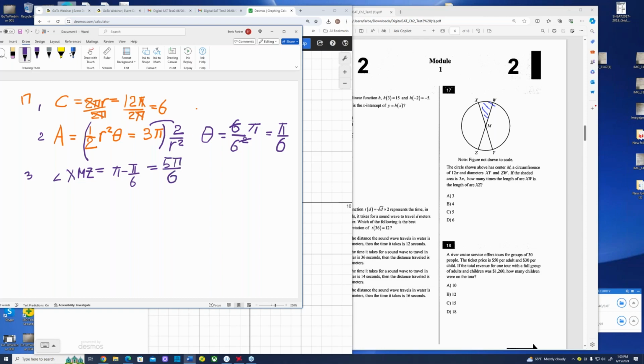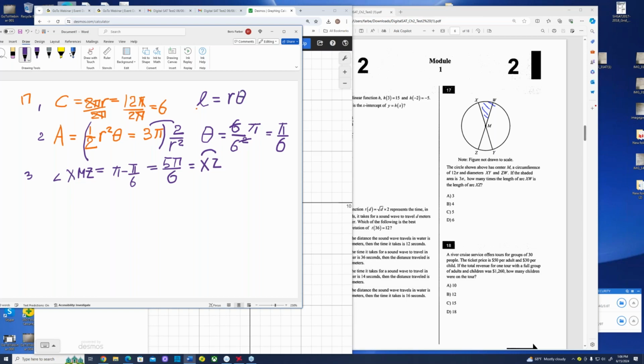This angle equals the arc, because the central angle equals the intercepted arc. But arc, you know this formula, the second formula: length of arc equals r theta.